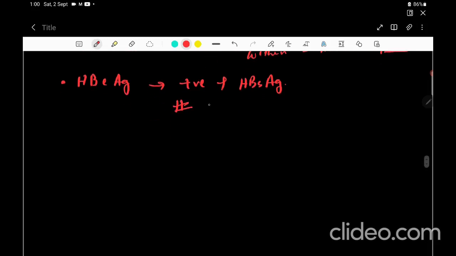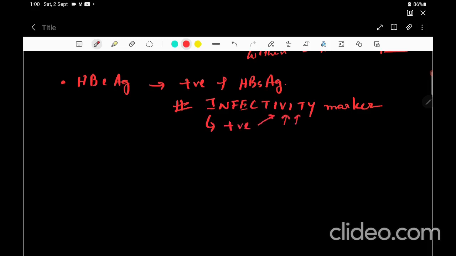HBeAg is the infectivity marker. If this is positive, that means infectivity is very high. And if this is negative, then infectivity is low.